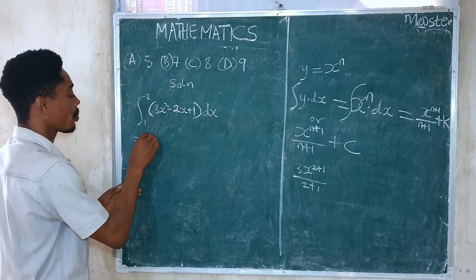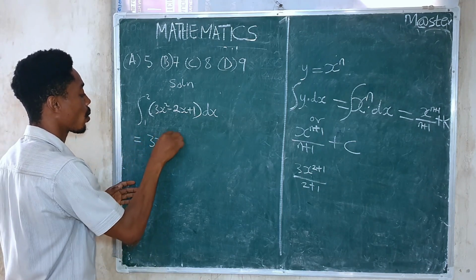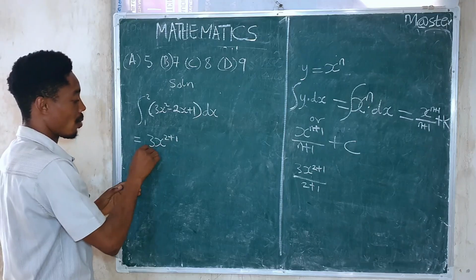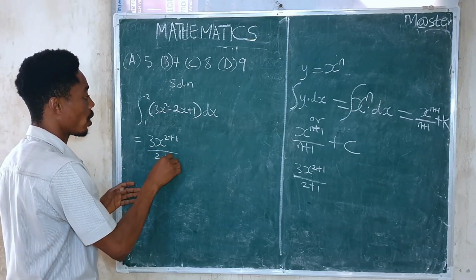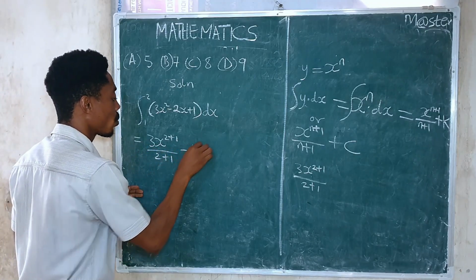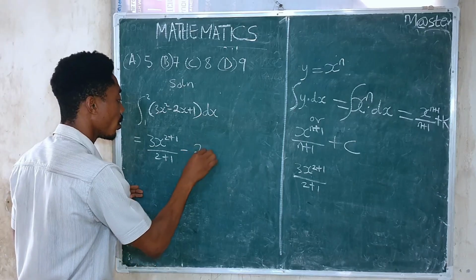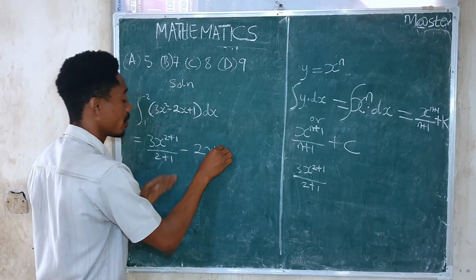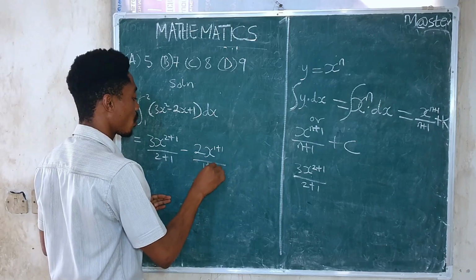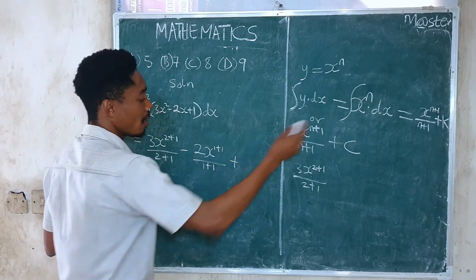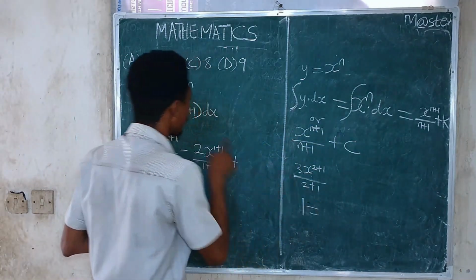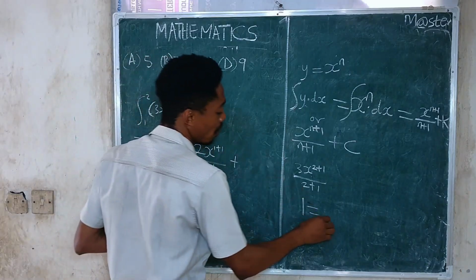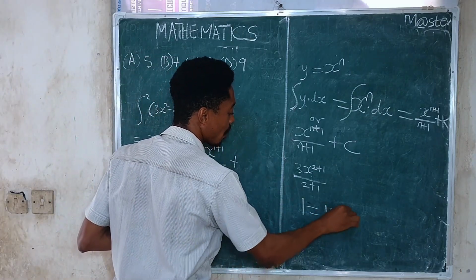So this will be 3x raised to power 2 plus 1 all over 2 plus 1 minus 2x raised to power, of course this is 1 plus 1 all over 1 plus 1 plus, by now you should know that 1, because we are integrating with respect to x, 1 is the same thing as 1x raised to power 0.